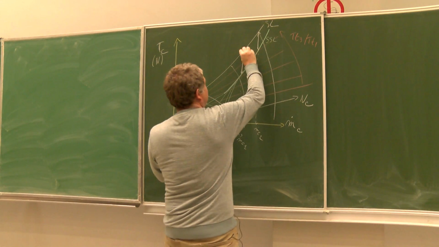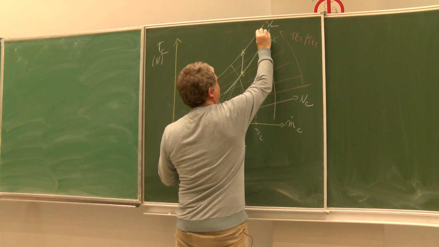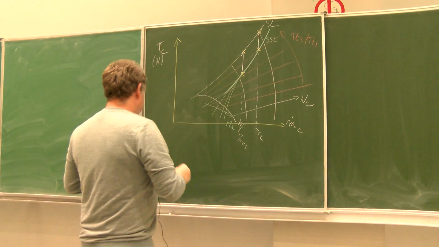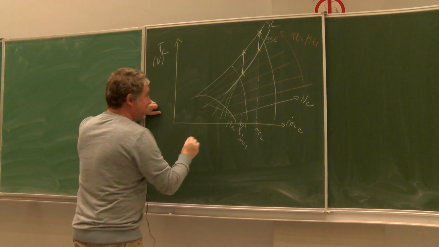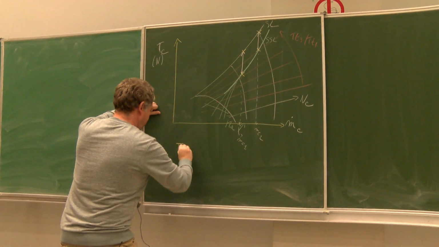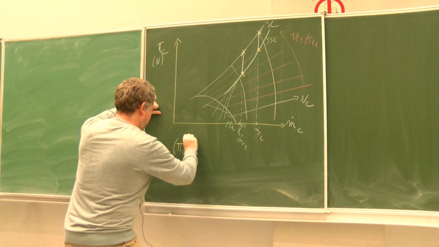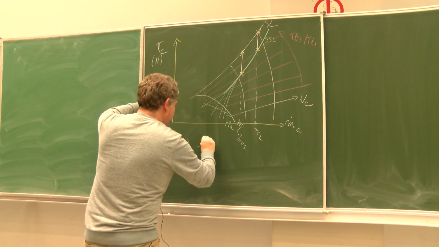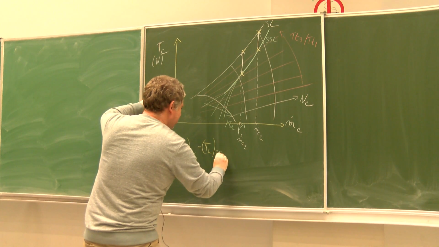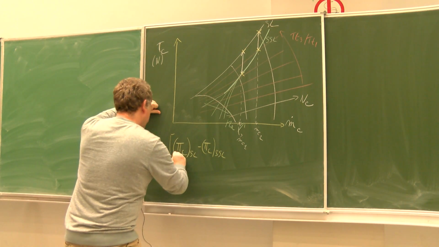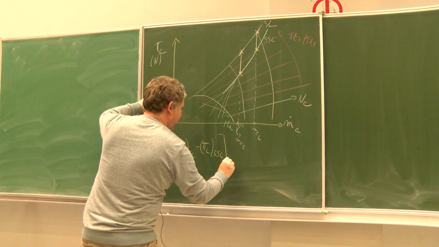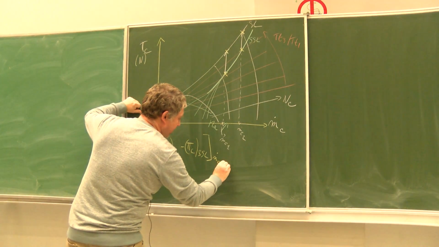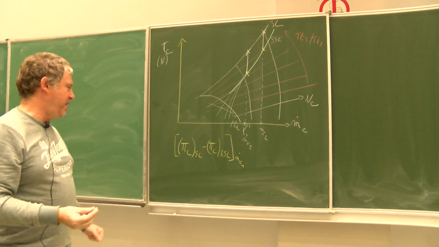It is this value compared to this one, it is this value compared to this one. So in fact this distance is equal to PC of the compressor on the surge line minus PC on the steady state line that you consider at the value m dot corrected i, because it will change.